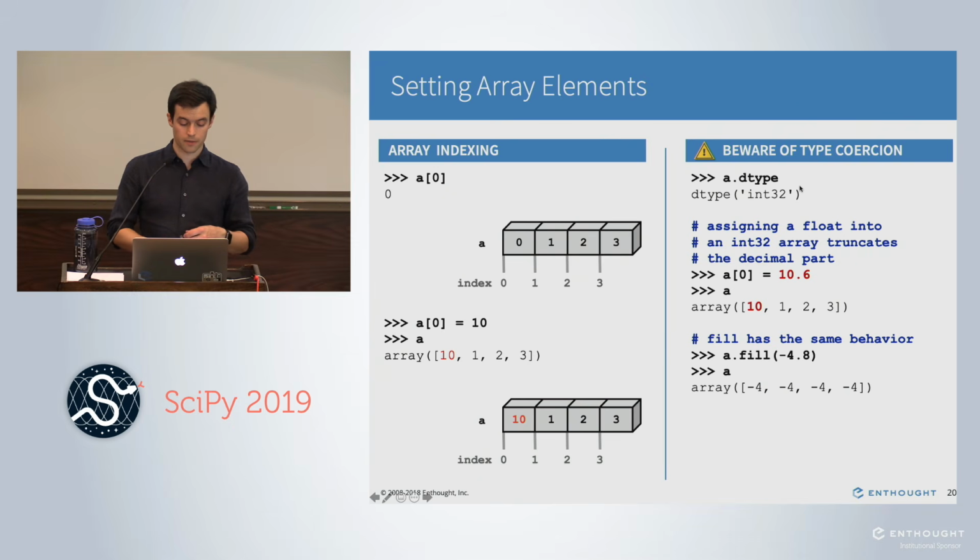And what we're showing on the right-hand side here is what I was showing just earlier, this enforcement of the dtype, the data type, where the array will not let you put in data of a different type. So in this case, our integer array, if we try to put in a float, that gets truncated. If we had a float array and put in an integer, it would be upcast to a floating point number.